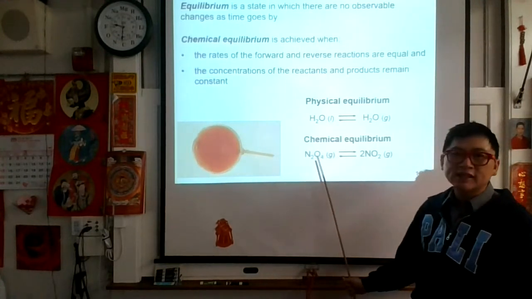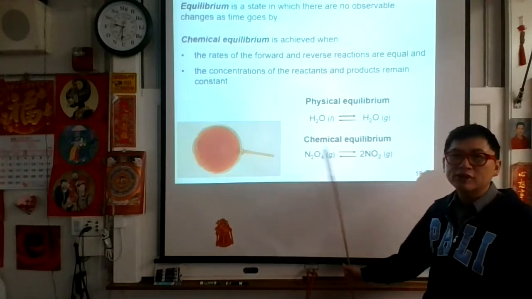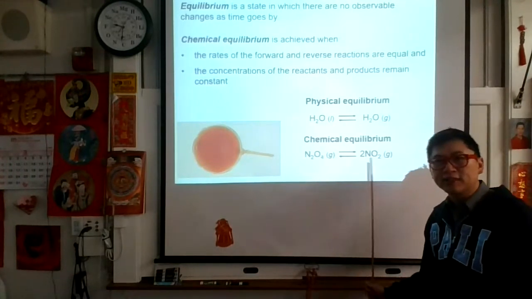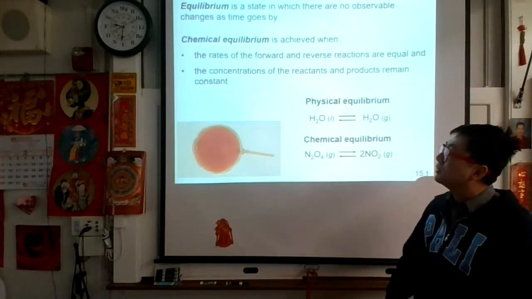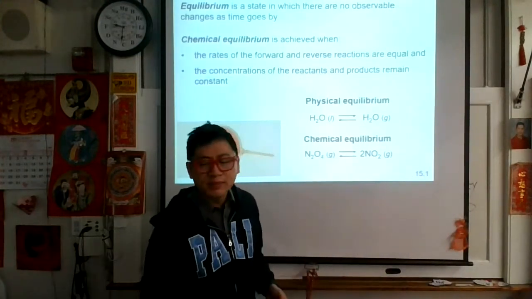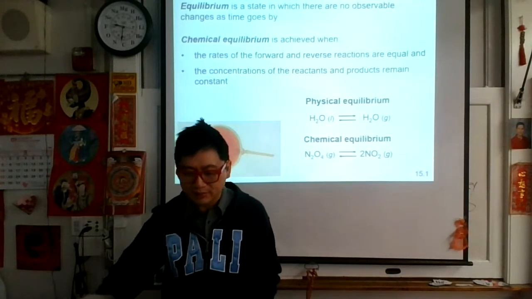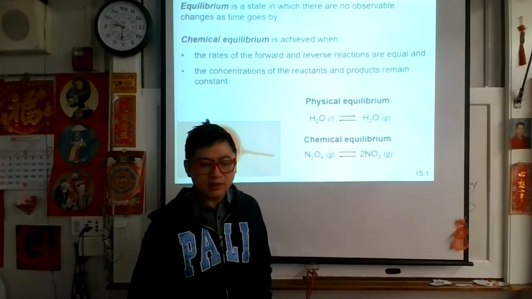One of them is a reddish-orange gas. The other one is a clear gas. But it's happening. A turning into B happens as quickly as B turns into A. These forward and reverse reactions are equal, and the concentrations of each one of these appear to be the same at equilibrium. So that's the definition of equilibrium.